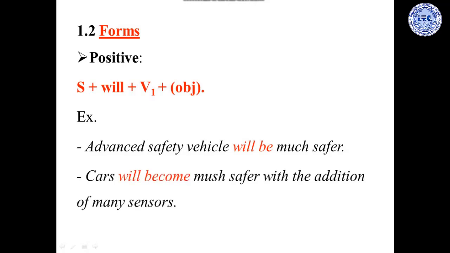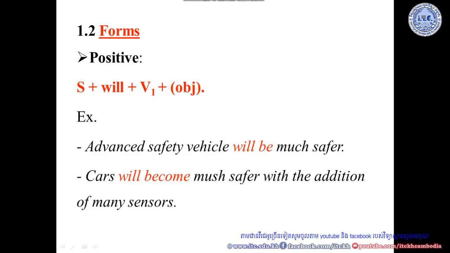Another example: cars will become much safer with the condition of many sensors. So this is what we believe is going to happen in the future. We are sure, we are certain about it. So after will, we use the verb infinitive.